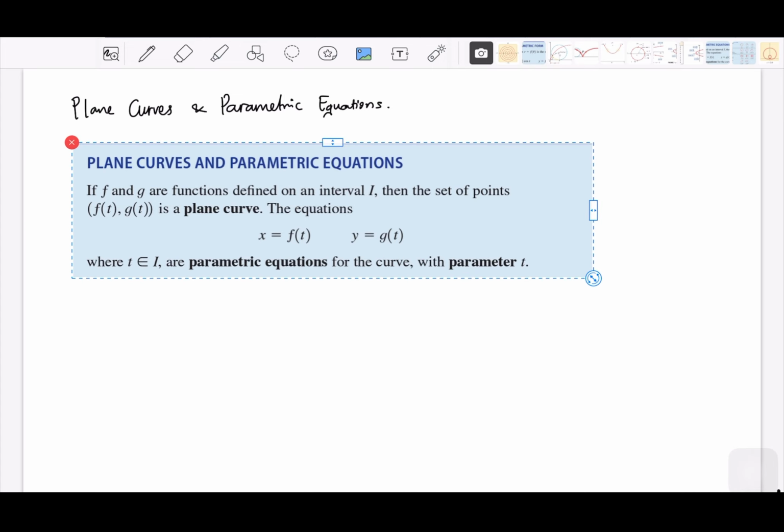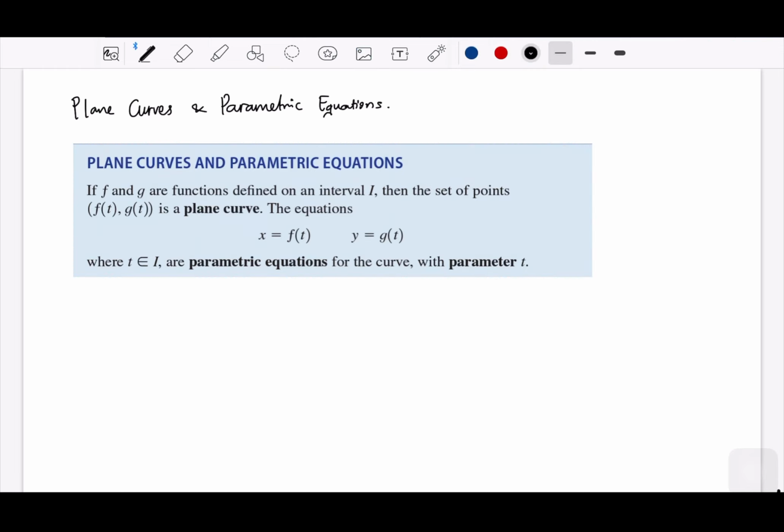We have f and g as functions defined on interval I, and we set t as another variable. Both f and g are functions of t.